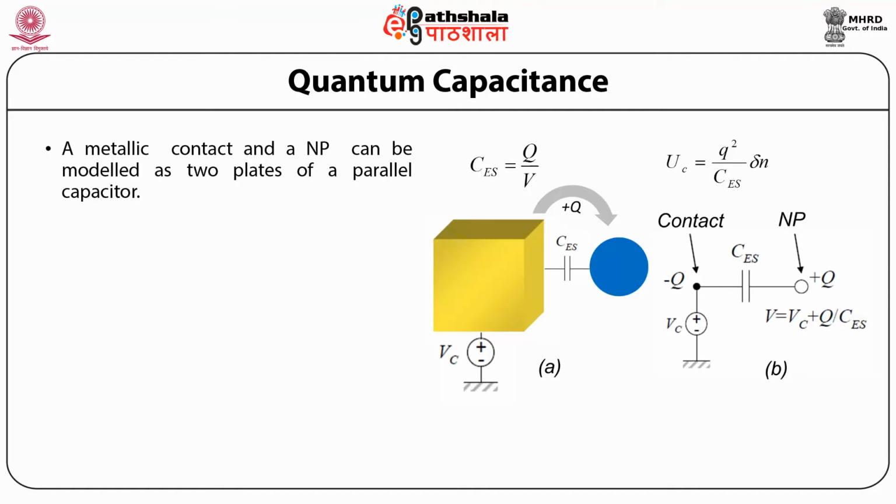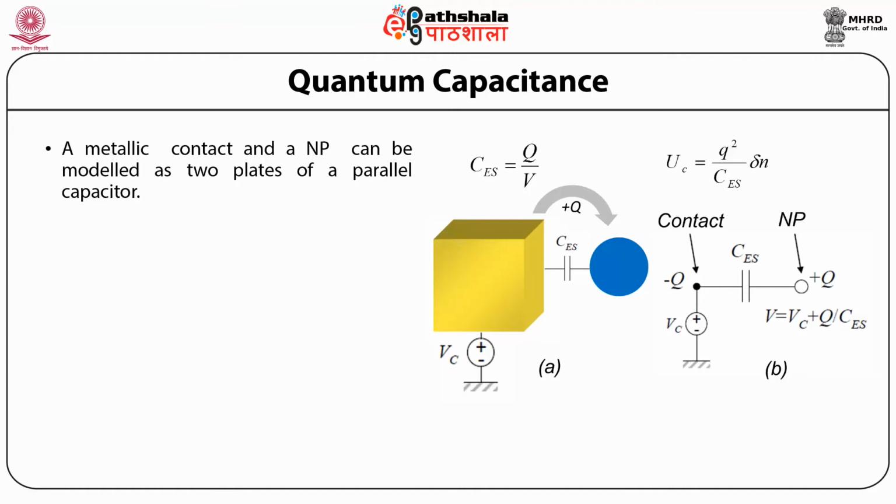As shown in this figure, when charge is transferred at the interface, the capacitor is charged, a voltage is established, and the nanoparticle changes potential, which is known as charging energy and is responsible for a shift in the vacuum energy. So we can write C_ES equal to Q by V, where V is the voltage across the capacitor.